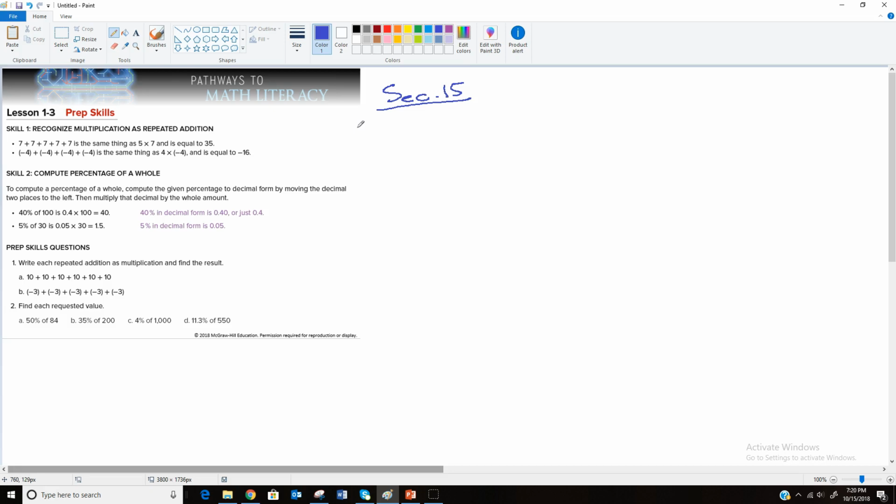We have two: recognize multiplication as repeated addition and compute percentage of a whole. Recognizing multiplication as repeated addition, they have 7 plus 7 plus 7 plus 7.